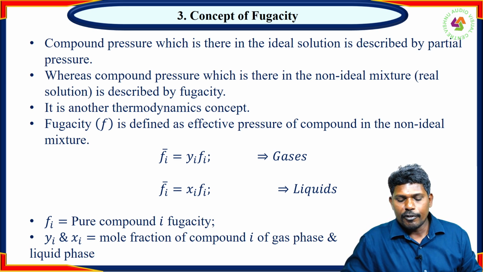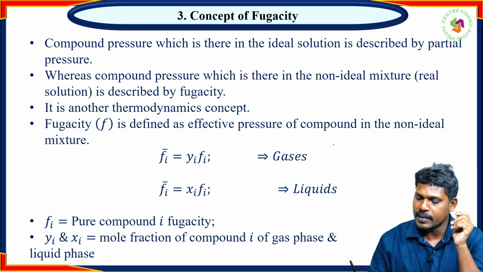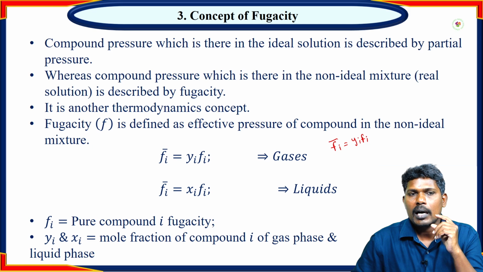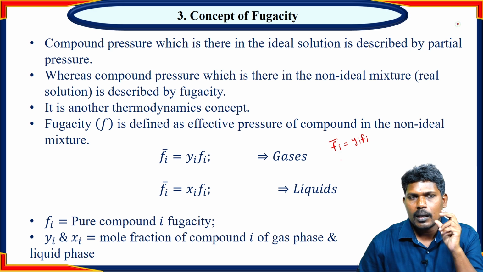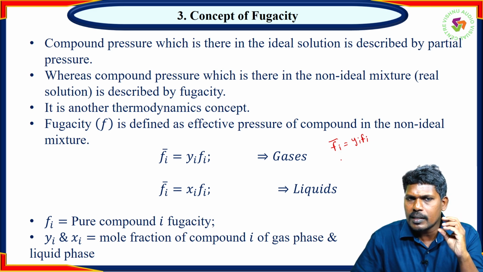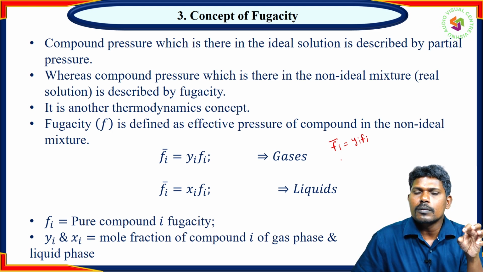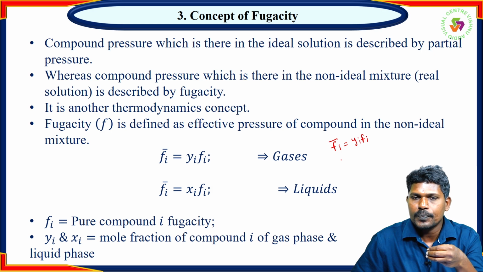So this can be expressed as: the fugacity of a compound in a real mixture is equal to the mole fraction of that compound multiplied by the fugacity when it is in the pure state.